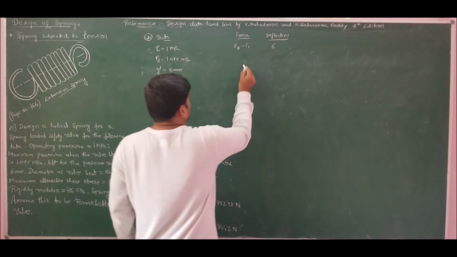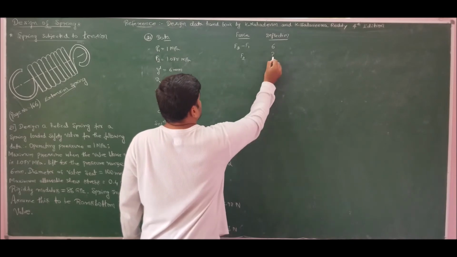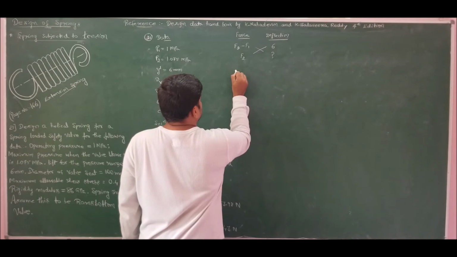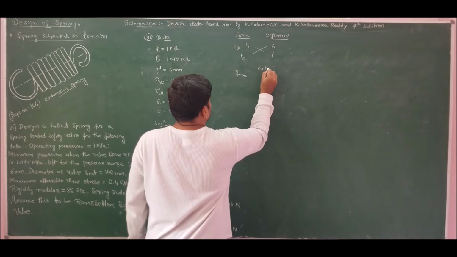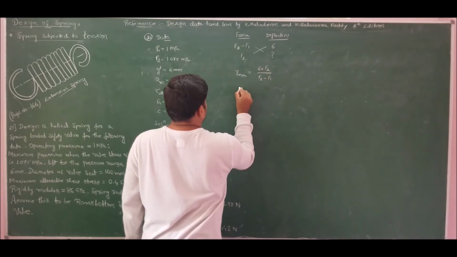For maximum force F2, what is the deflection? So do cross multiplication. I will get deflection Y max as 6 into F2 divided by F2 minus F1.